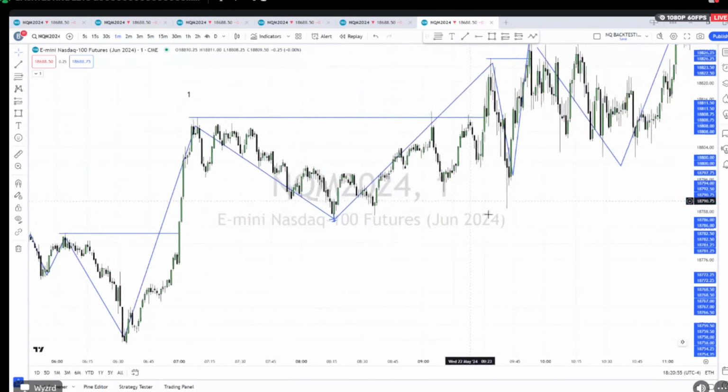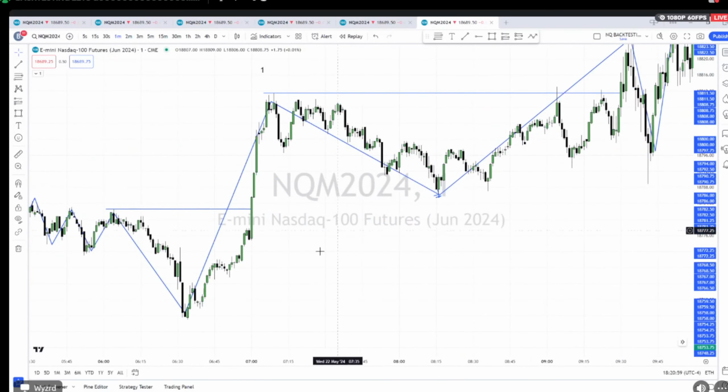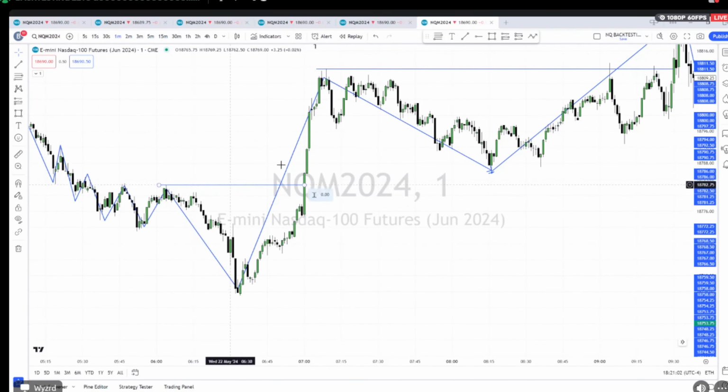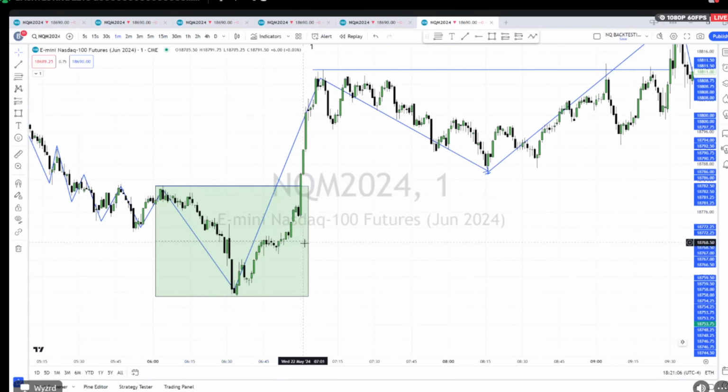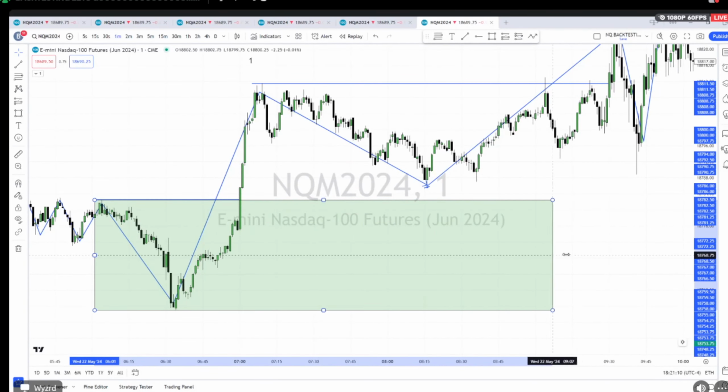So we're in an uptrend. Once we broke this high, that is going to make this zone right here our zone of interest. But as you can see, we do not test this, so we're going to keep this on our chart for later on.